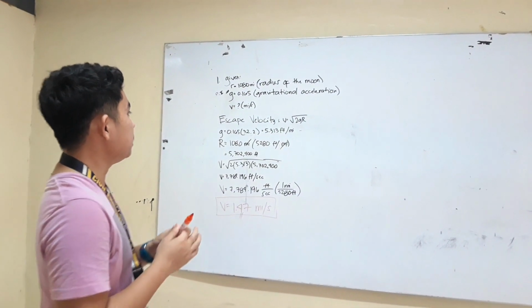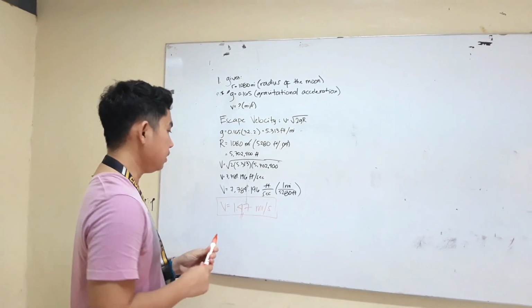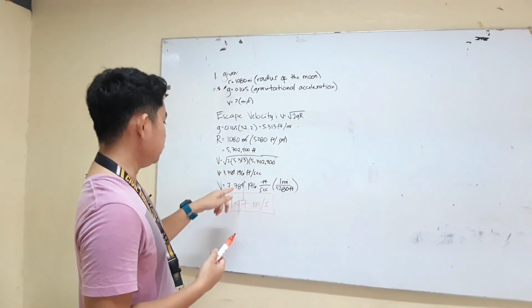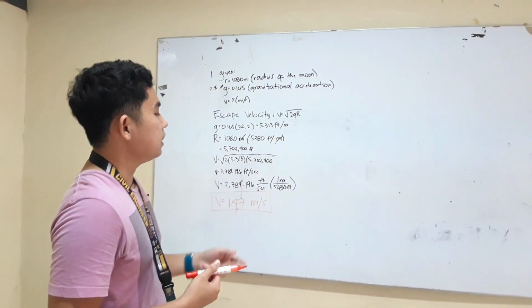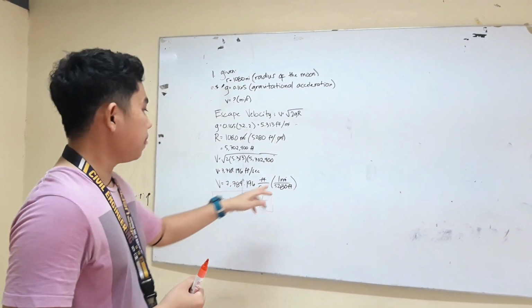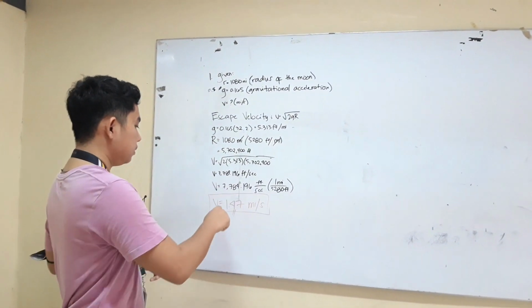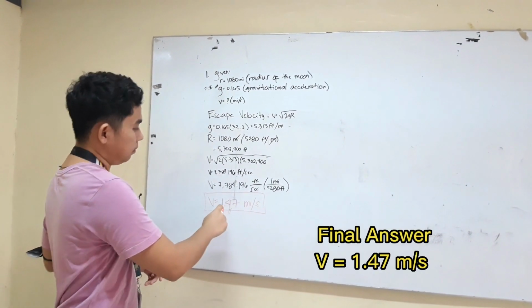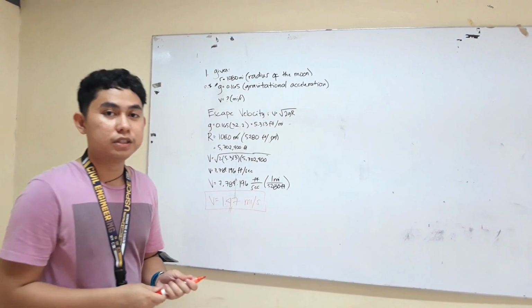Since the required unit is miles per second, we convert it: 7,784.196 times 1 mile over 5,280 feet. We get the escape velocity of the moon as 1.47 miles per second.